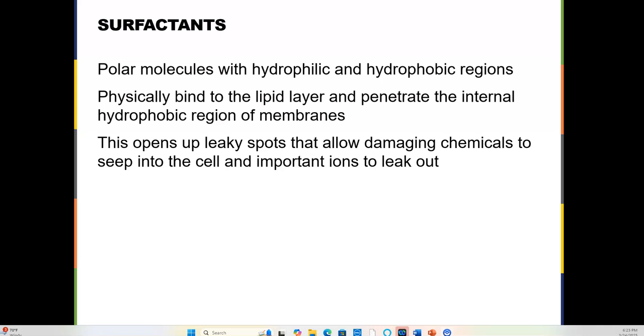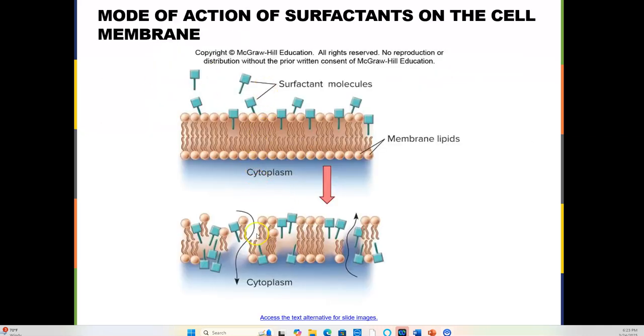Well, these guys are polar and they're going to go in there and mess it all up. They bind to the lipids and penetrate the internal hydrophobic regions and make leaky spots that allow the chemicals to seep in and cause the ions to leak out. And that's what this looks like. So it inserts and then it just disrupts those membranes and then the cell doesn't work anymore.